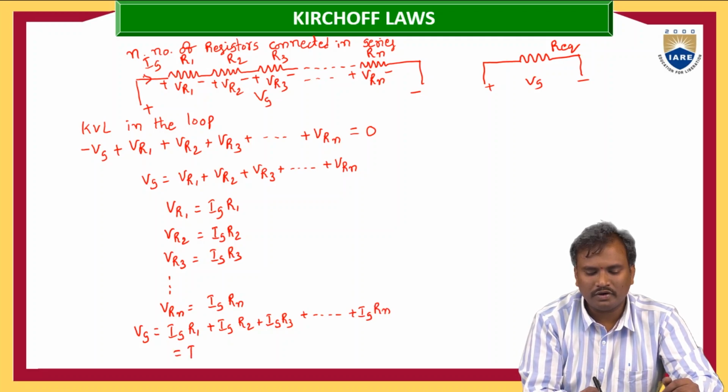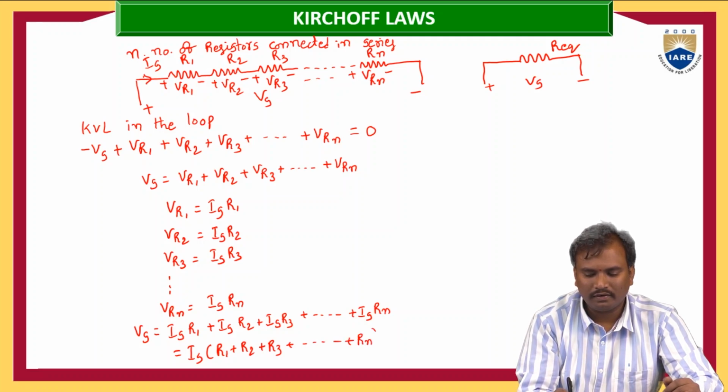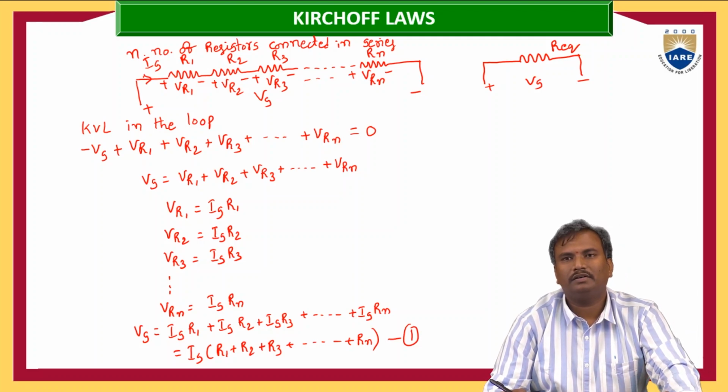That is equal to Is into (R1 plus R2 plus R3, and so on, Rn). Let us consider this as equation number 1.